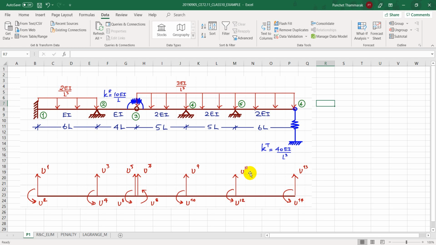So at the hinge, the condition is that U5 is equal to U7. And then you are going to have the force that is applied to 5 and 7 to be identical. So you have the hinge.